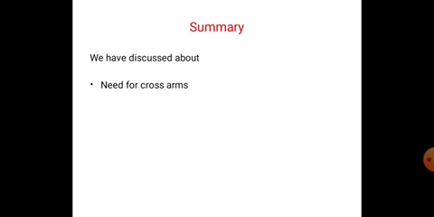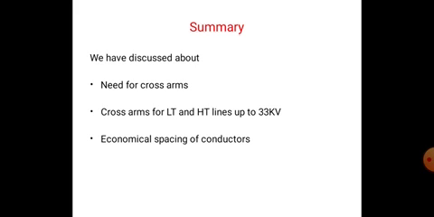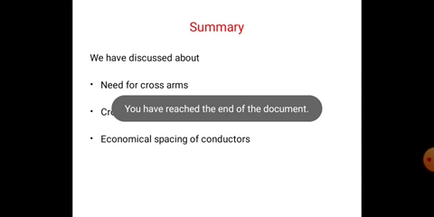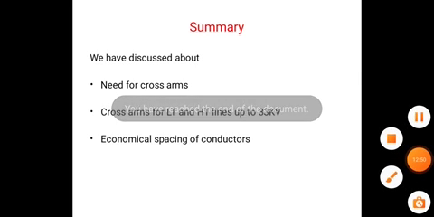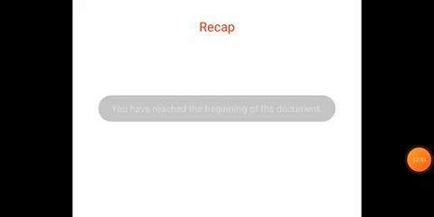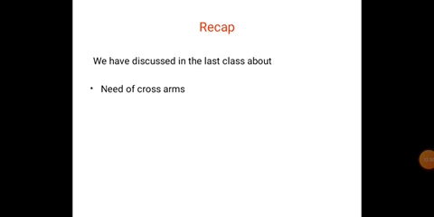Right, in this class we are discussing about need for cross arms and cross arms for LT and HT lines up to 33 kV, and economical spacing of the conductors. Already we have discussed about need of cross arms, economical spacing of the conductors.